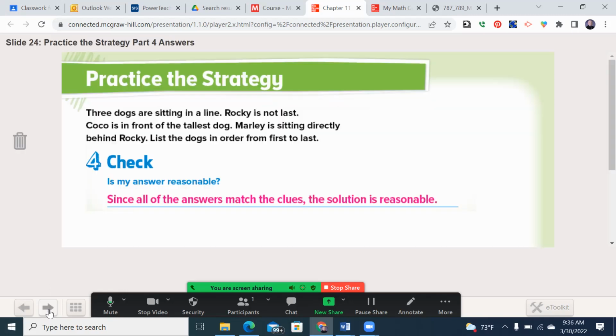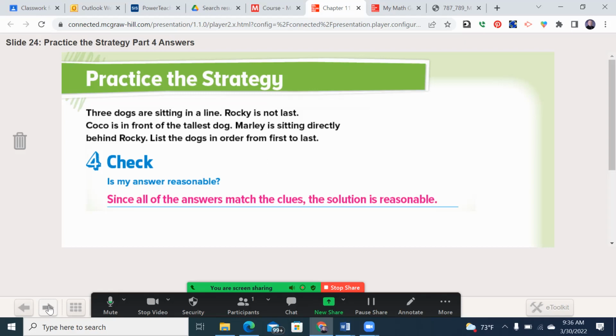Is the answer reasonable? Since the answers match the clues. Now, there may have been some questions to ask in here because it says we know that Rocky isn't last and Coco's in front of the tallest dog, so we know Coco's not last.